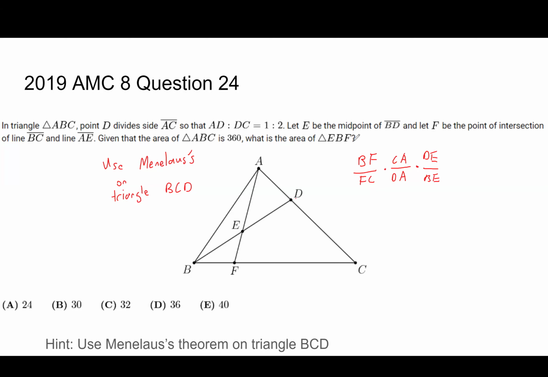Okay, so given this expression here, we know that BF to FC, I mean CA to DA, right? Because we know that AD to DC is 1 to 2, that means CA to DA must be 3 to 1.